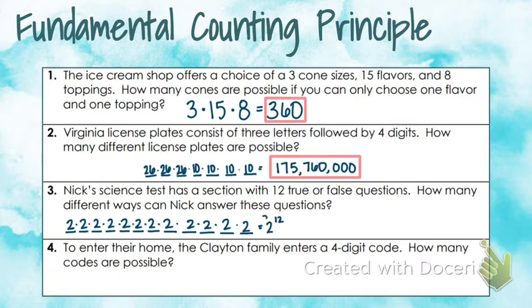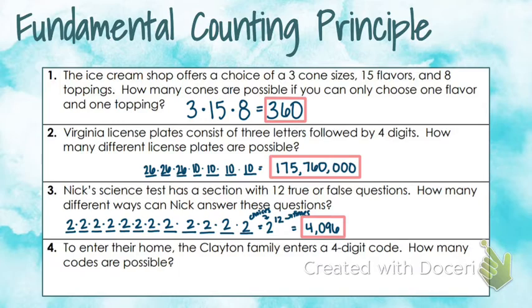So this is how many choices we had, and this is how many times we chose. So 2 to the 12th power is 4,096 different possible combinations in which he could answer these 12 true or false questions.